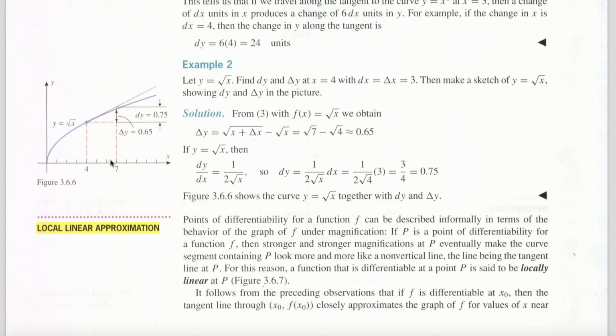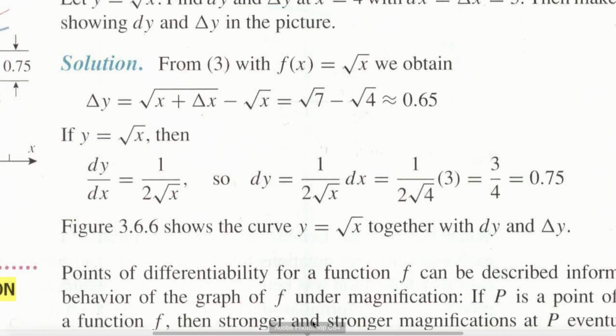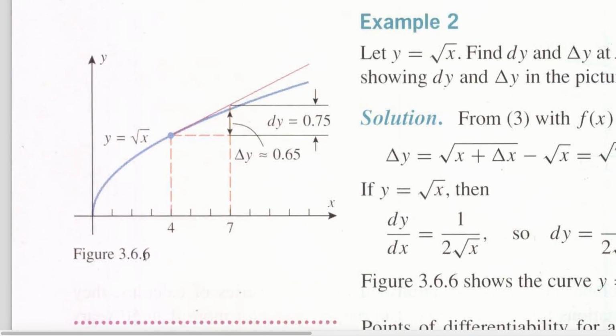Now, looking at the difference between the two. Here's 4. Let me zoom in on this. Here's 4, and I go a difference of 3 to 7. Now, along the curve, the delta y, I've changed a value of 0.65. But along the tangent line, I've changed a value of 0.75.